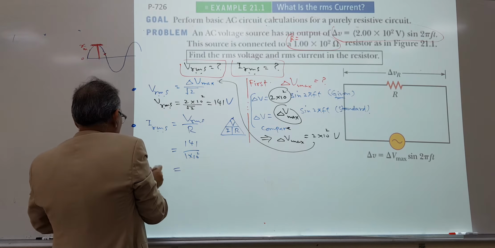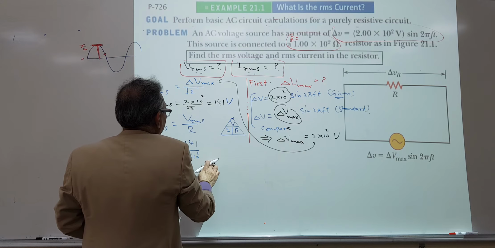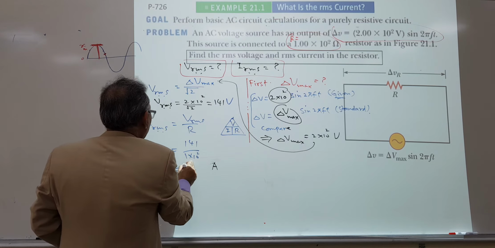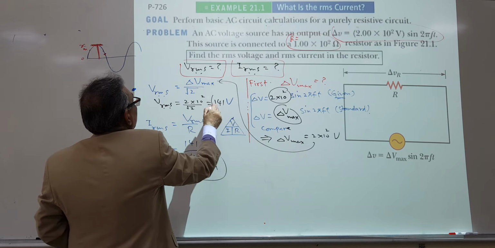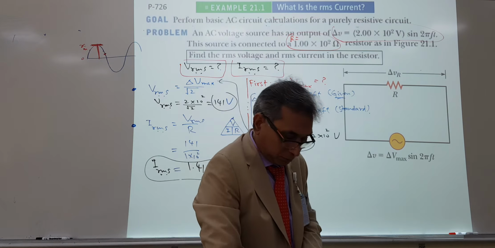So you would get I RMS in amperes, you would get 1.41. This is the voltage RMS, this is the current RMS. That's it, finished.